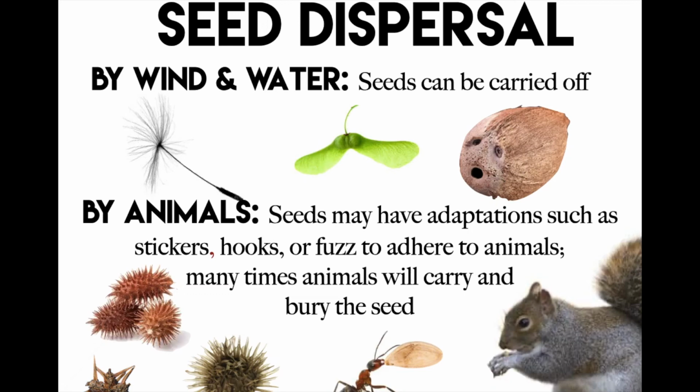Some seeds cannot germinate until after they've been eaten. As we see with the squirrel, a squirrel will maybe break open the outside part of the fruit, like the walnut, which is a dry fruit, and then bury it. Now, maybe bury the seed.